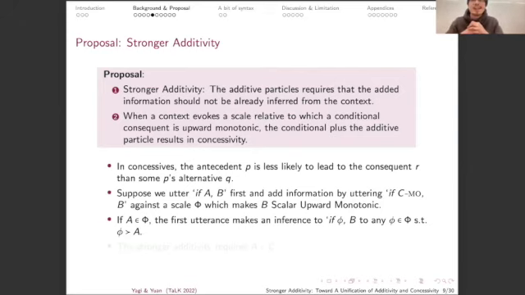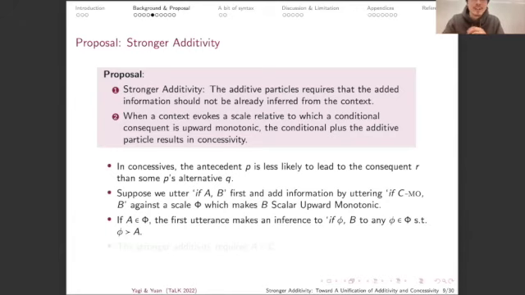Since if A, B is the starting point of the scale, then if, for instance, small phi is ranked higher, then if phi B is inferred from this utterance. So in order to meet strong additivity in this context, A has to be ranked lower, less likely to lead to the consequent C.